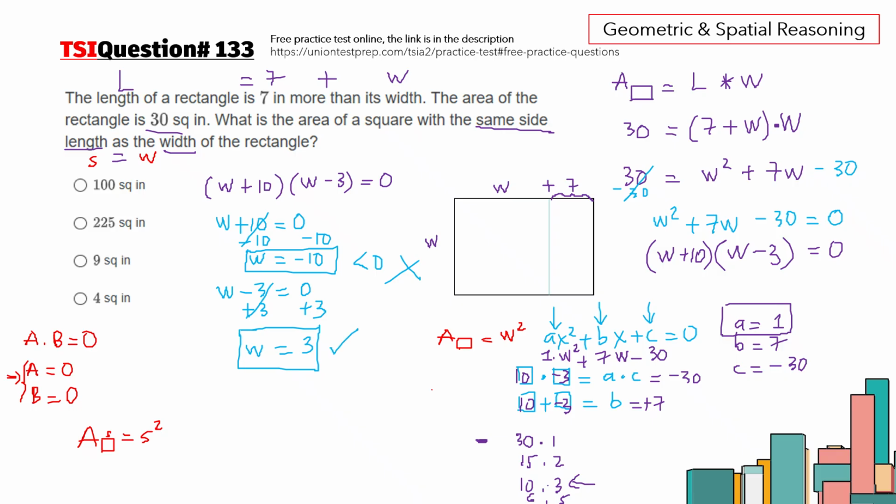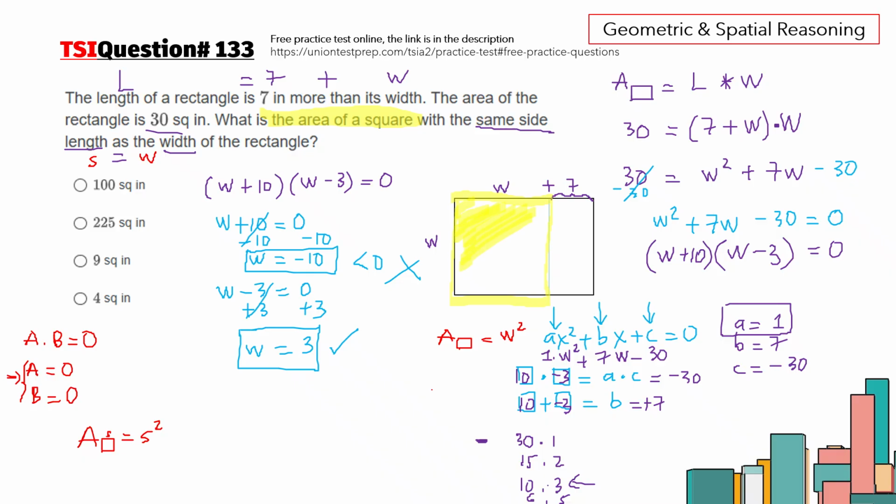But they don't ask for W, right? They don't ask what the side or the width of the rectangle is. They're asking for the area of the square, which is this square right here.